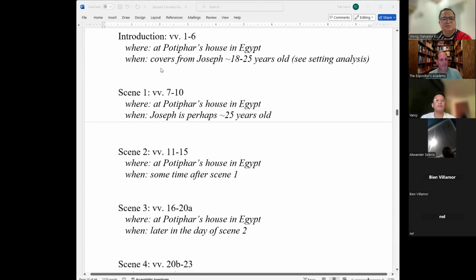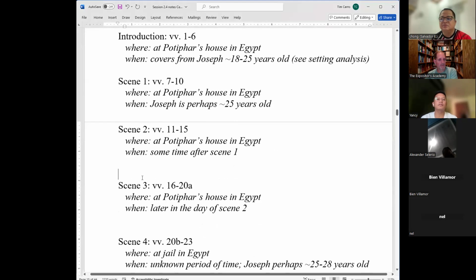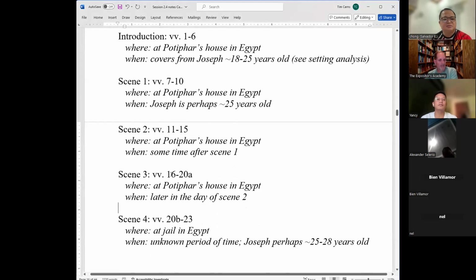Like Stephen said, the introduction is in verses 1 to 6, and then maybe do it like this: verses 7 to 10 was the first scene. Joseph's in Potiphar's house, and he's around maybe 25 or 26 years old.